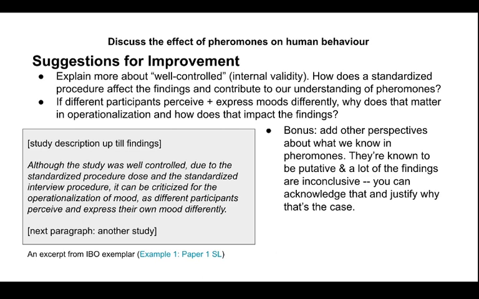It matters because if people perceive mood differently, then the results that they find will be biased, since mood is not necessarily a good measurement for mating attraction or sexual attraction.